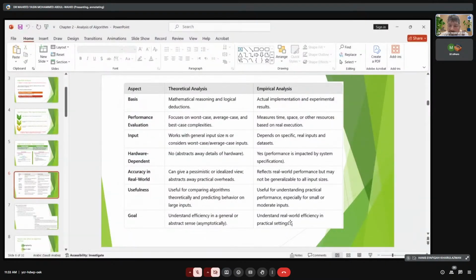Empirical helps understand efficiency in practical settings. Theoretical helps understand efficiency in a general or abstract sense. This one we call asymptotic, and this one we call empirical.